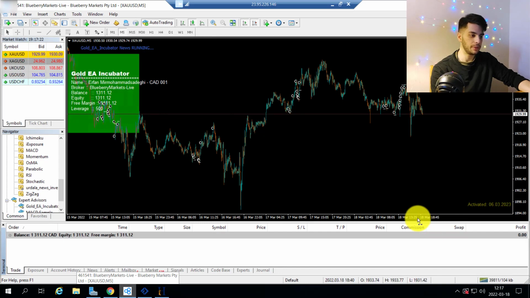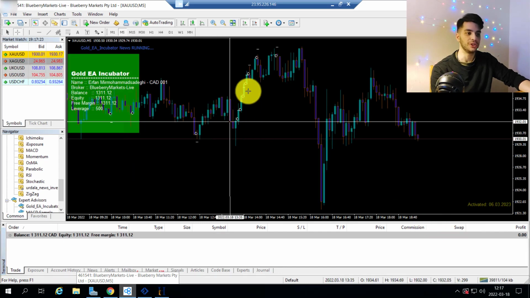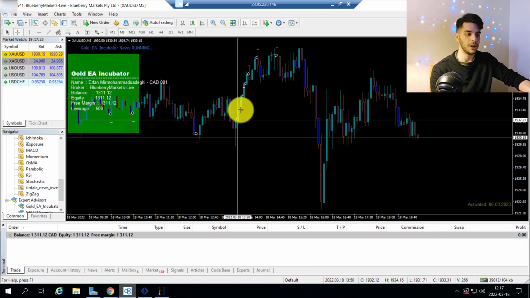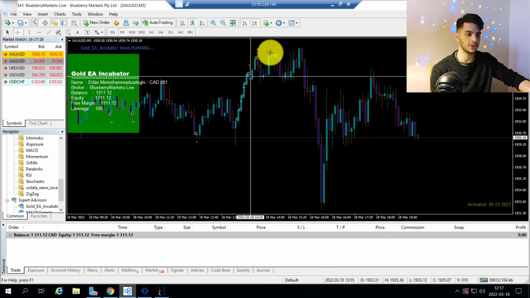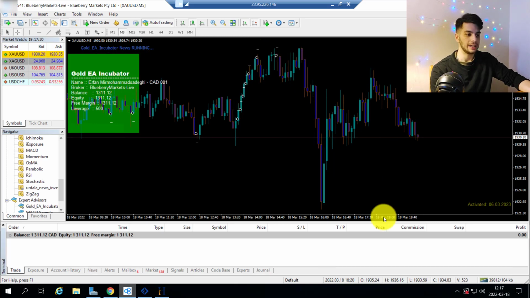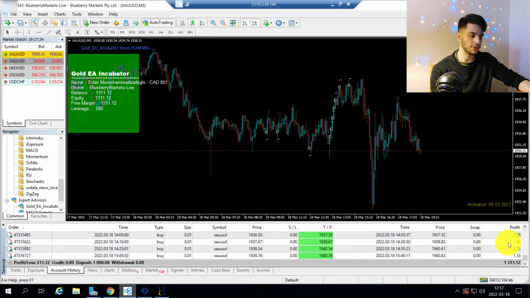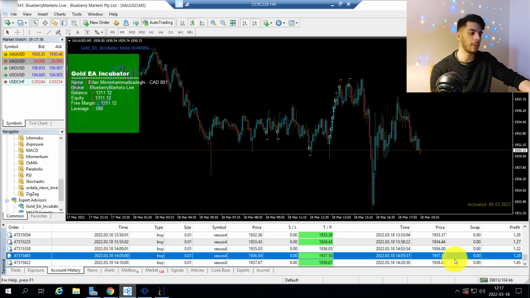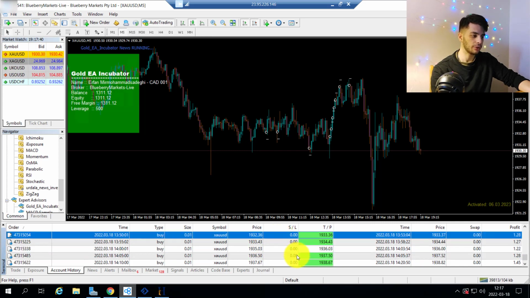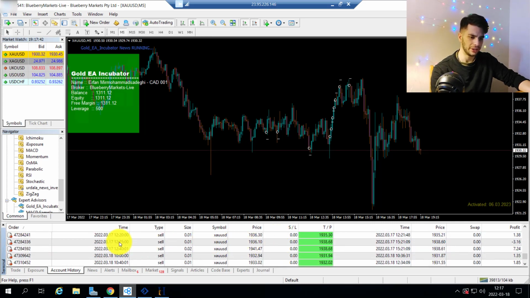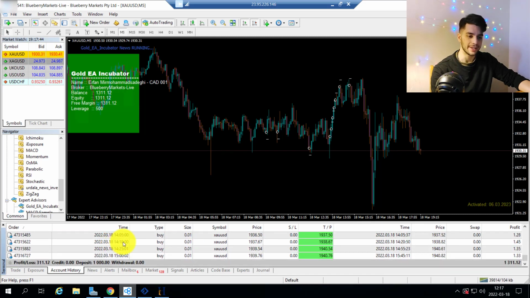These are the trades that it took during the London session. It took a buy position here, here, and here, and closed all of them here. And after that, it didn't trade. In the account history, all of these are 0.01 trades, and all of them closed in profit, and we didn't have any loss for today's date, which is really good.